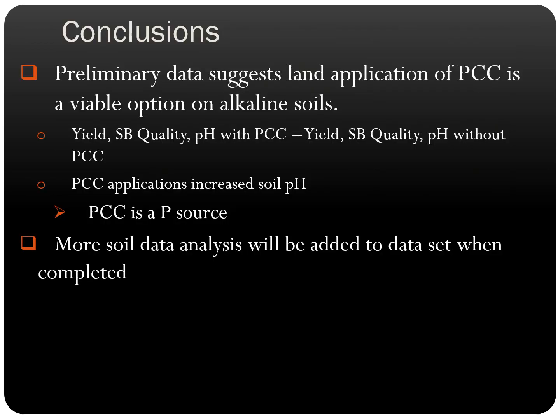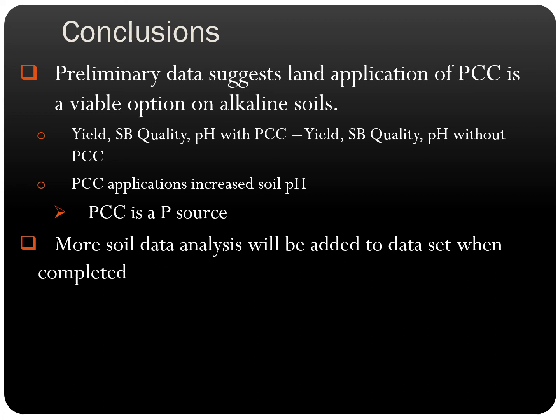So conclusions. The data, and of course we haven't completely finished analyzing the data yet, and we still got more analysis to do. But the preliminary data suggests the land application of PCC is a viable option on alkaline soils. So yield, sugar beet quality, pH with the PCC equals the same of those constituents without PCC.